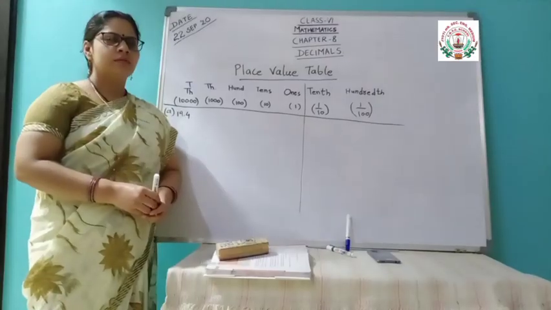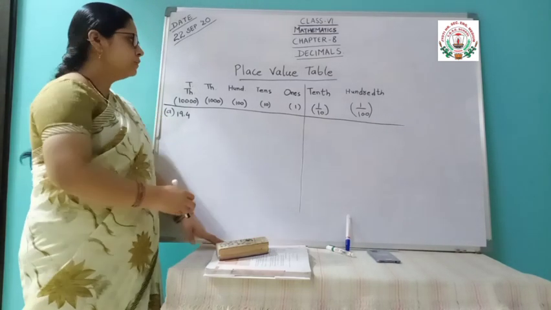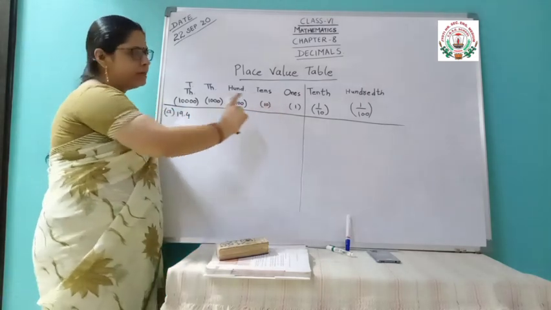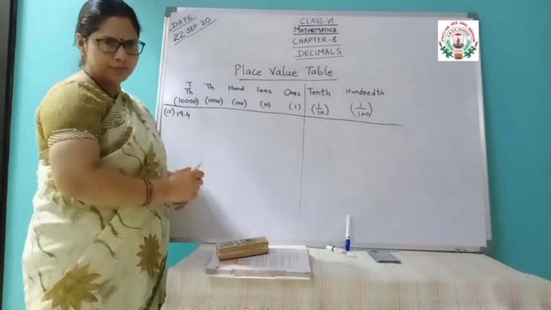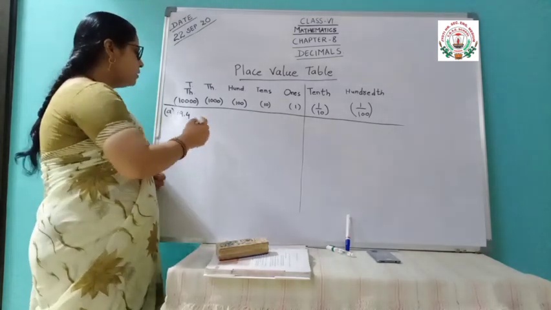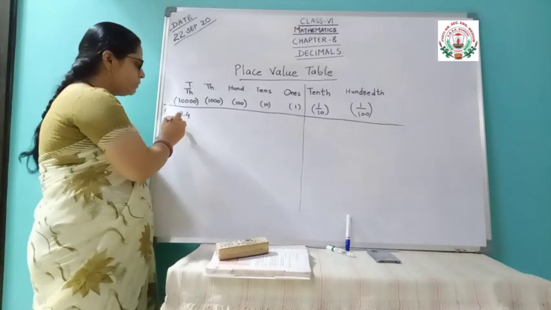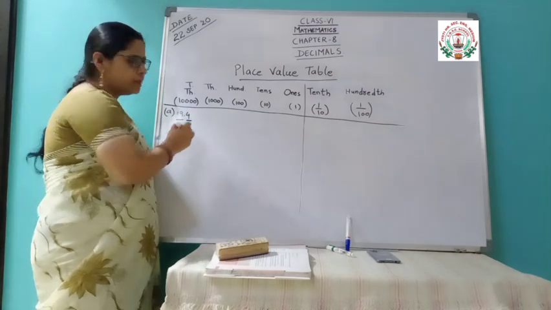Like question number 2, it is asked in the place value table. So this is the place value table. This is for the whole number part and this is for the decimal part, and from here the division has been done for the decimal. Now the first question is for 19.4. Here you can see this 19 is the whole number part and 0.4 is the decimal part.